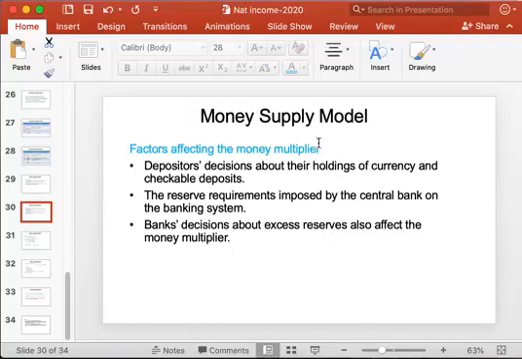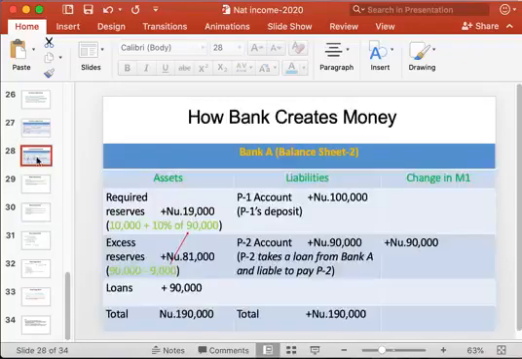So money supply can also be changed through reserve requirements imposed by the central bank. So when the required reserve is changed by the central bank, then the amount of loan that the banks can actually provide to the general public changes.